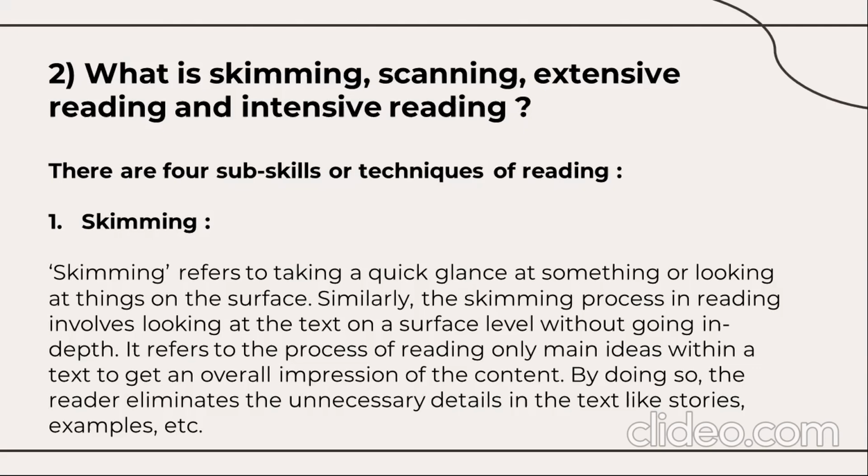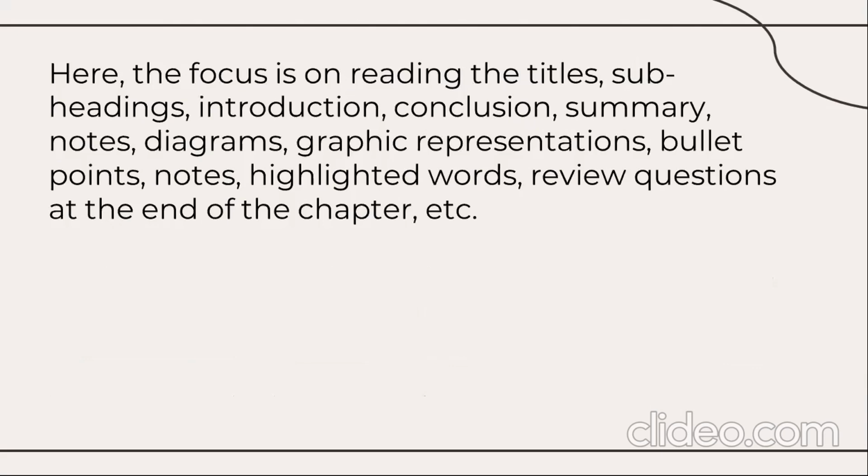Just reading the key points, not the whole detail. So here in skimming, we focus on reading the titles, subheadings, introduction, conclusions, summary, notes, diagrams, graphic representations, bullet points, etc.